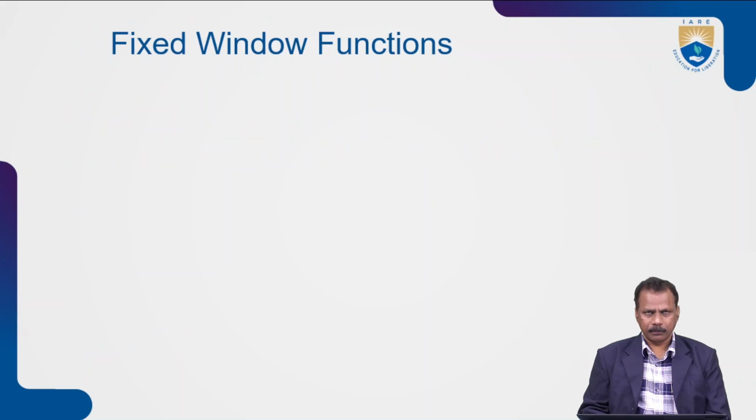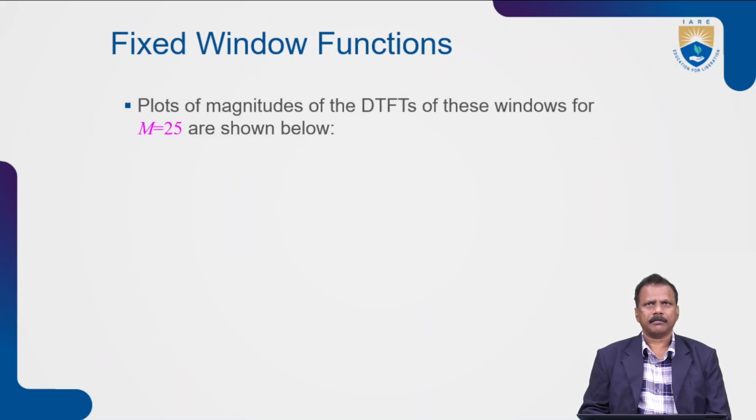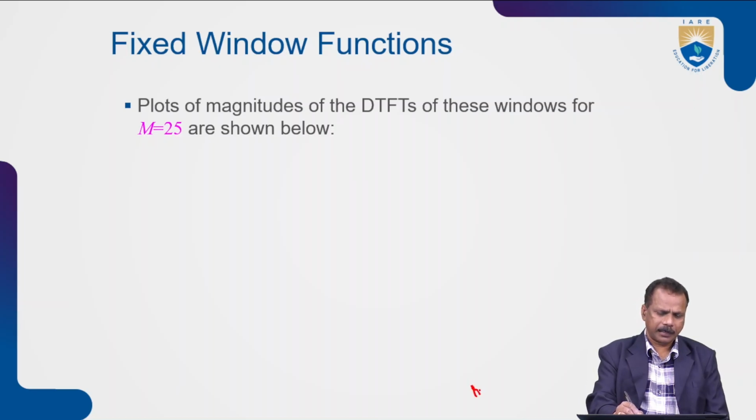Now coming to the plots of the magnitude of the discrete time Fourier transform of these windows for capital M equal to 25, or below 25, where normally M is equal to 5, 6, 12 and so on up to 25.